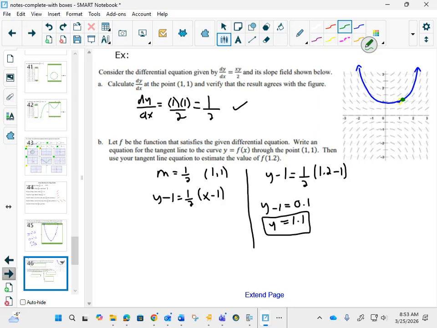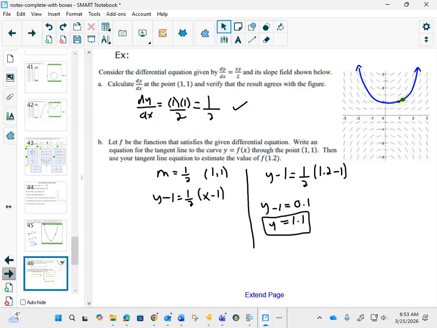I'd say so. Pretty accurate, as far as using the actual slope field to estimate it as well. So here we use linear approximation to estimate. We could use the actual slope field too, to look at that graph and estimate it as well.